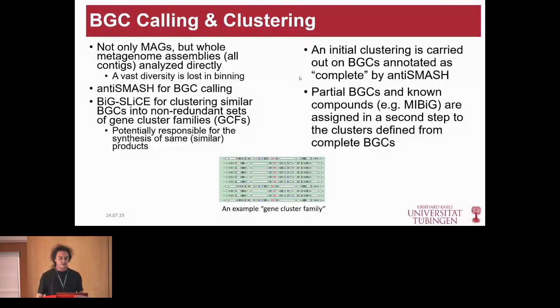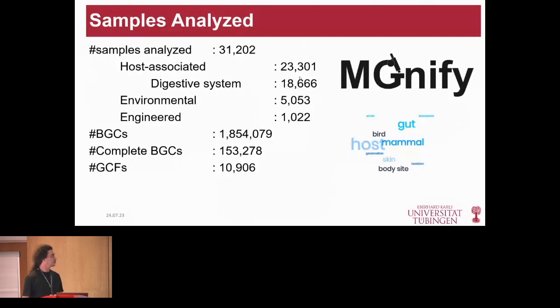So far, we have analyzed over 30,000 datasets from MGnify, more than two-thirds of them being host-associated and more than half of the samples being from the digestive system of mostly humans and mammals. We also have more than 5,000 environmental and 1,000 engineered samples, such as bioreactors.